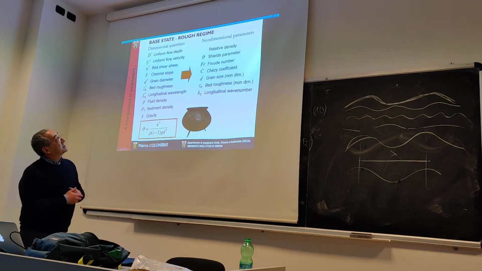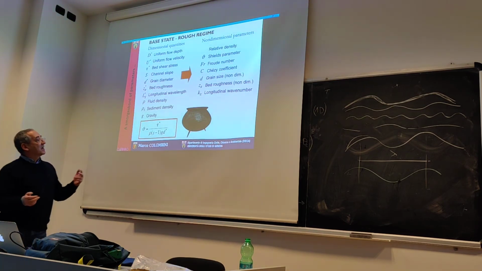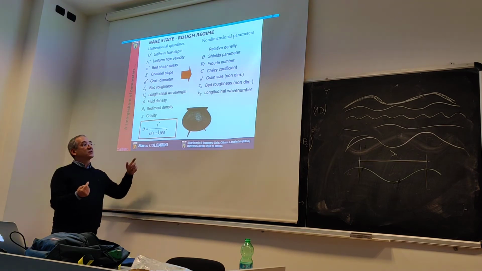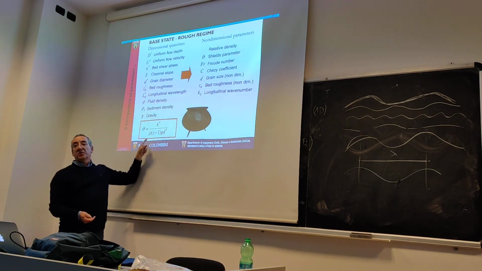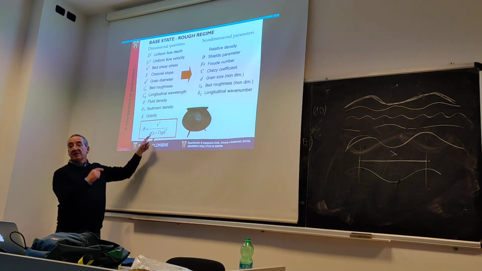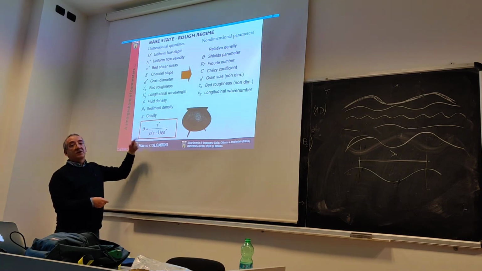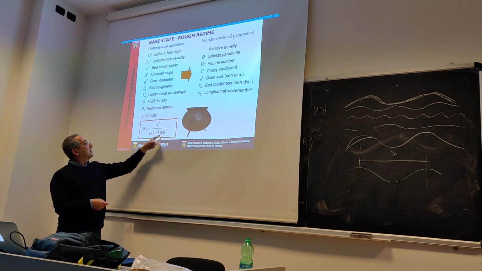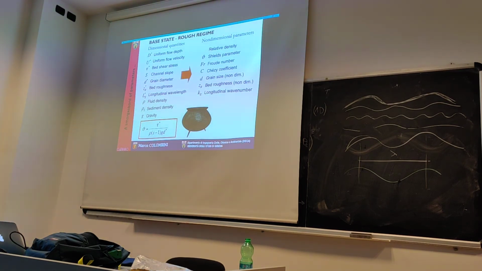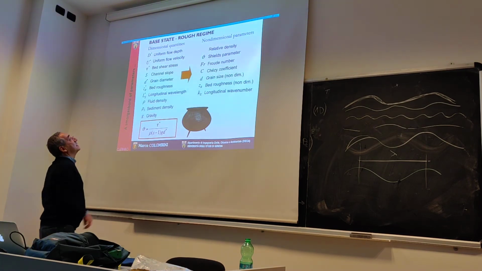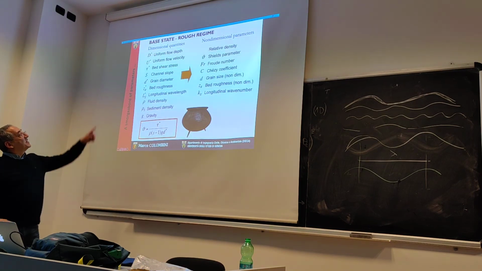Then you have the Shields parameter. I mentioned it before. It's a kind of non-dimensional bed shear stress. So you have the dimensional bed shear stress with a star, divided by this group here. s is the relative density, rho is the fluid density, g is the gravitational acceleration, and d star is the grain diameter.